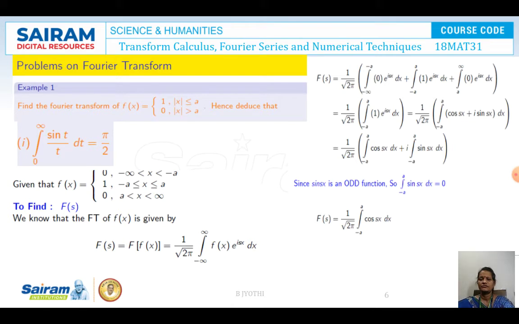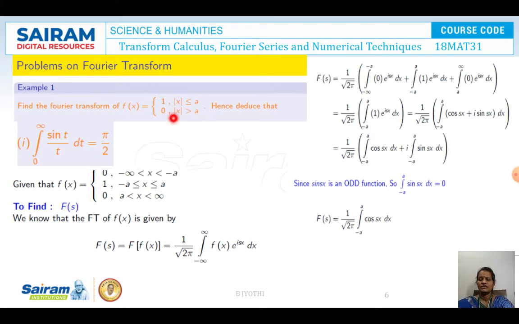Find the Fourier transform of f(x) given by 1 when |x| is less than or equal to a, and 0 when |x| is greater than a, and hence deduce that the integral 0 to infinity sin t by t dt = pi by 2. Let us consider the given function.